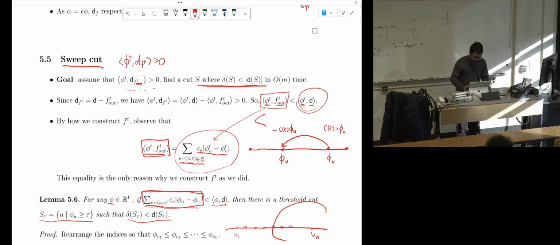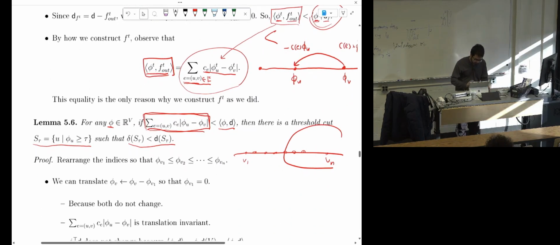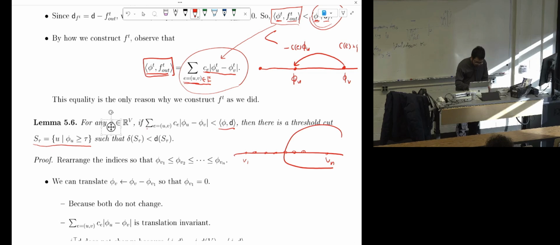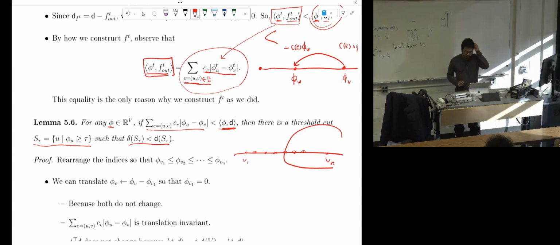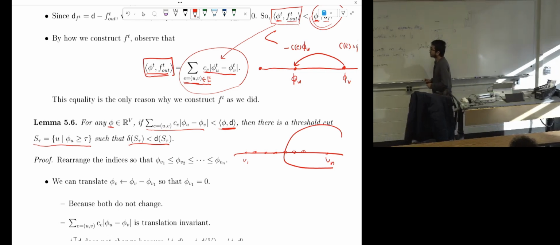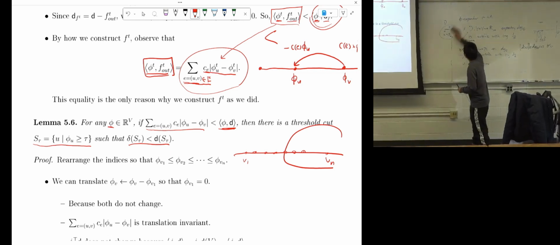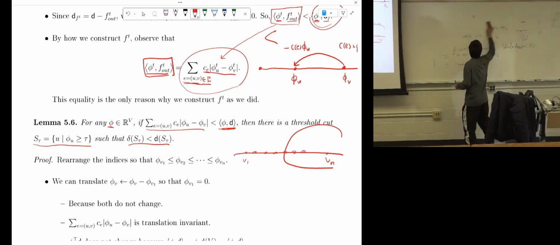And what I'm going to do now is say that actually, if I have any potential at all, and it is such that this sum for this potential is less than this inner product, then I can find some violating cut. So let's see how. First I'm going to sort vertices according to the potential.